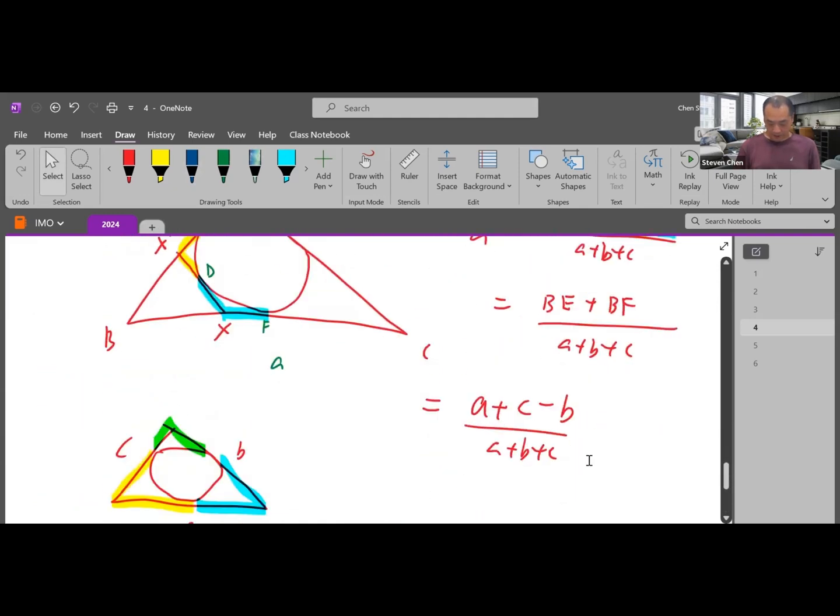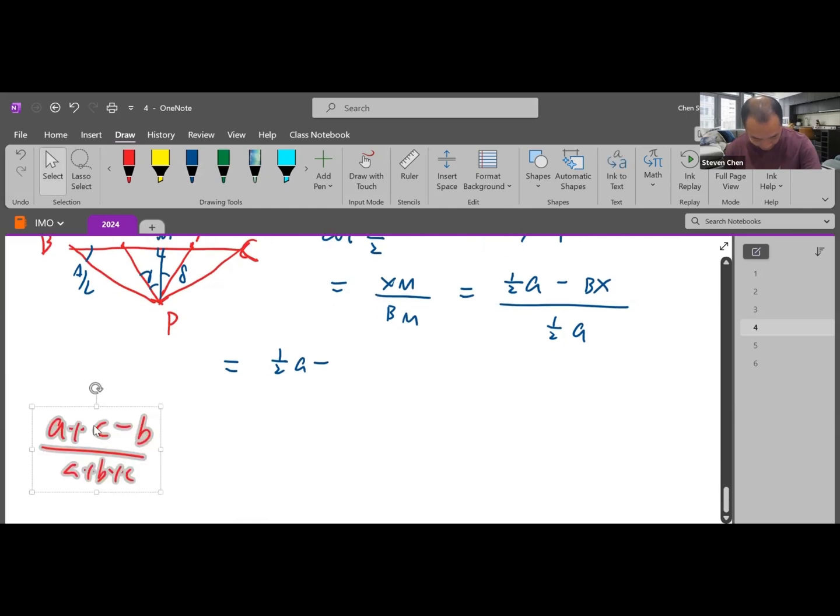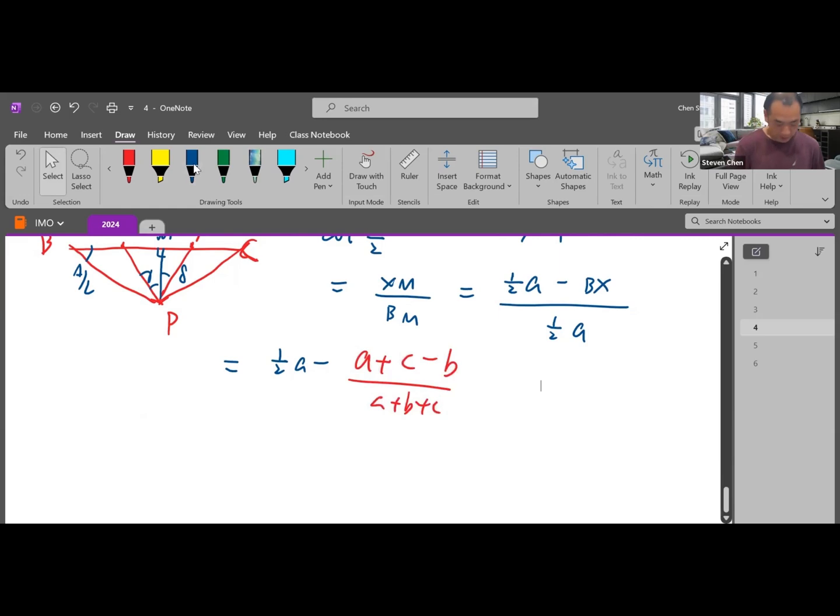So BX is equal to this fraction times a, divided by half of a. Okay.